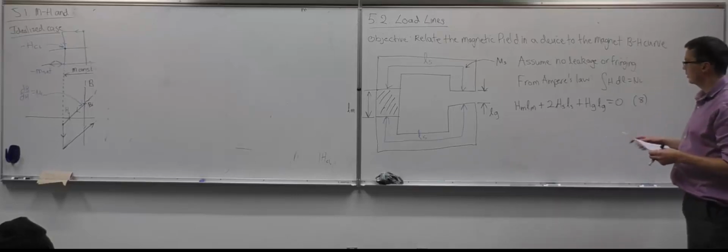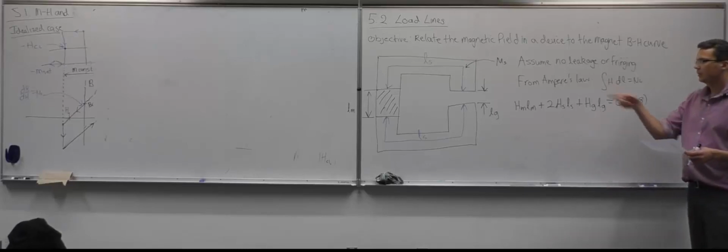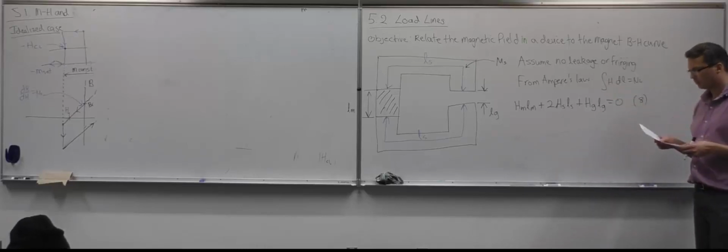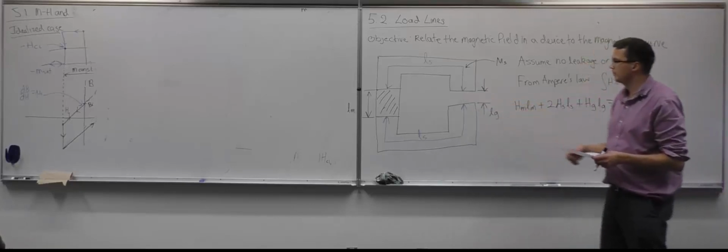And then in addition to this Ampere's law, the magnetic circuit has to satisfy the flux flowing through the circuit, because we're assuming no leakage and no fringing.